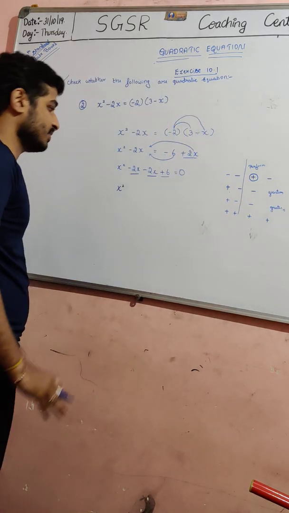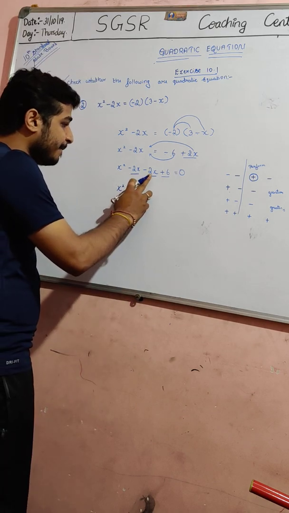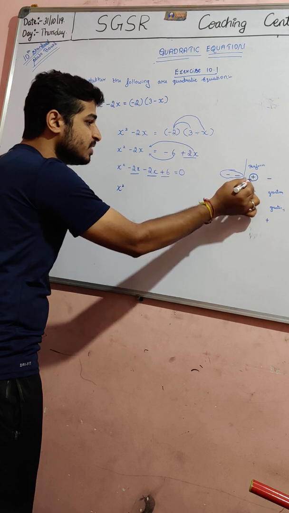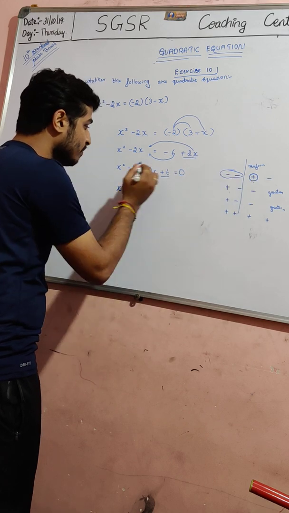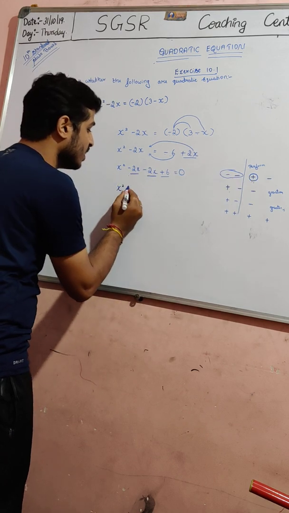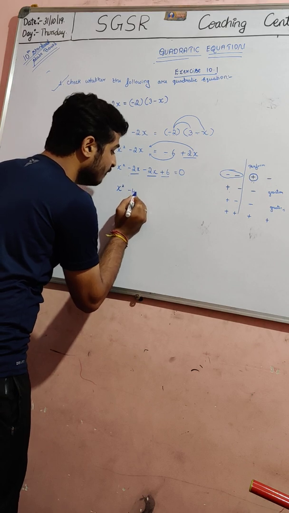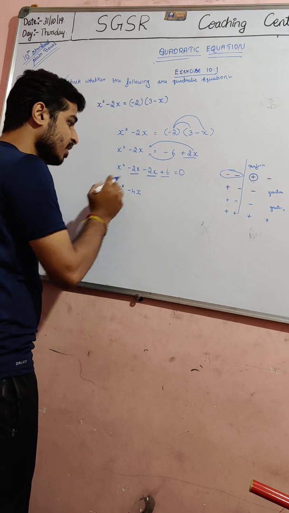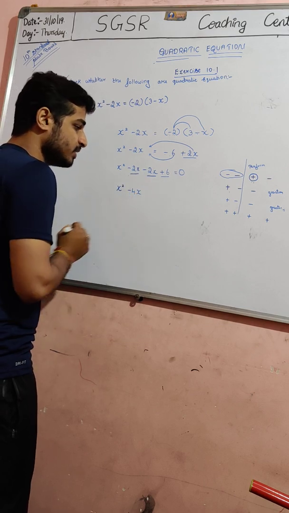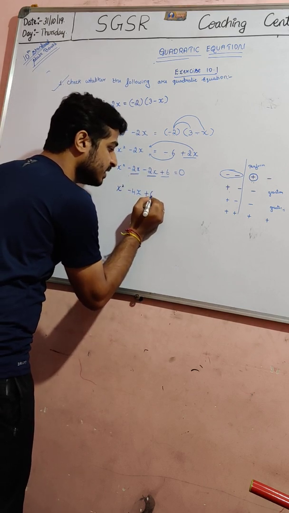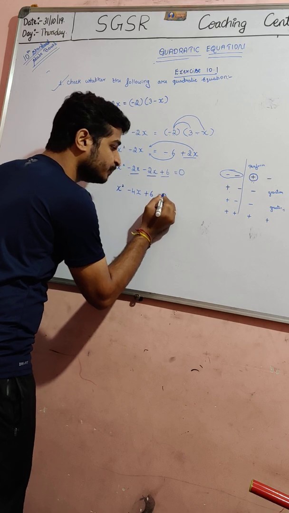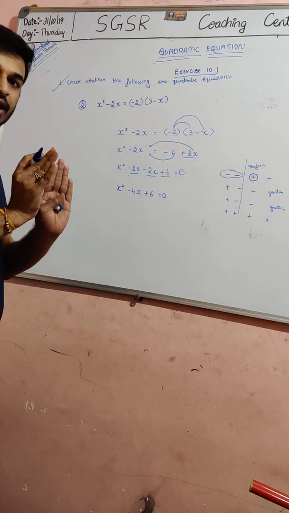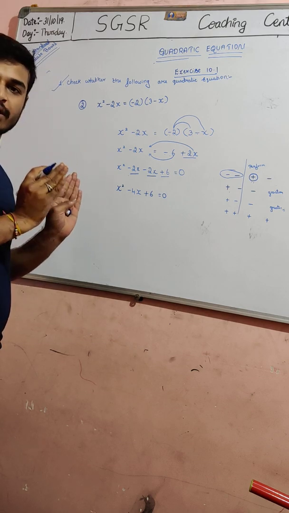Now students, here minus minus means you should perform addition. So minus 2x becomes minus 4x. The sign is the same, minus. So 2 plus 2 is 4x, plus 6 is equal to 0. Now students all know about pure quadratic equations and affected quadratic equations.